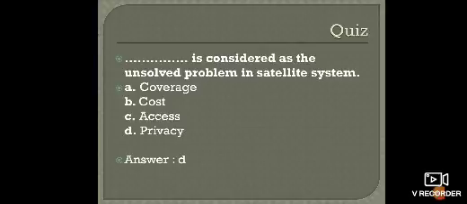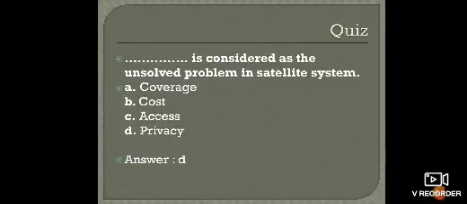Because whenever we are using the satellite, we do not have any network security in our satellite systems. We are only concerned with the coverage areas, the cost of the satellite, and we have some access with the satellite, but we do not have any privacy in our satellites.